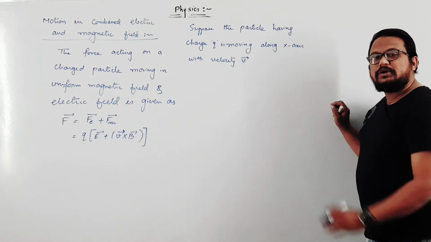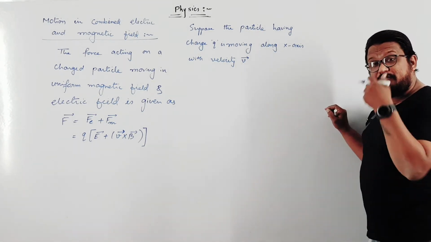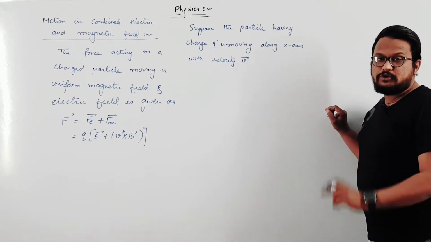So in this particular case, we will consider that the electric field, the magnetic field, and the velocity of the particle, all three are perpendicular to each other.